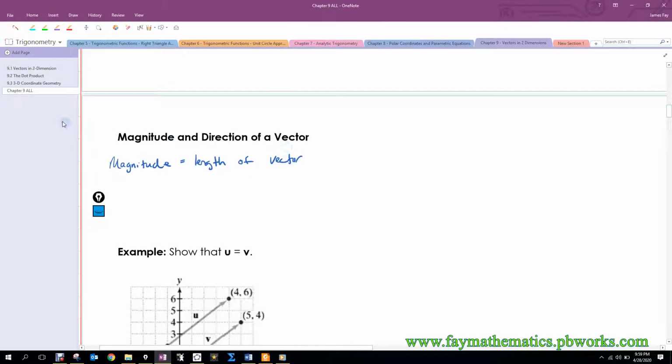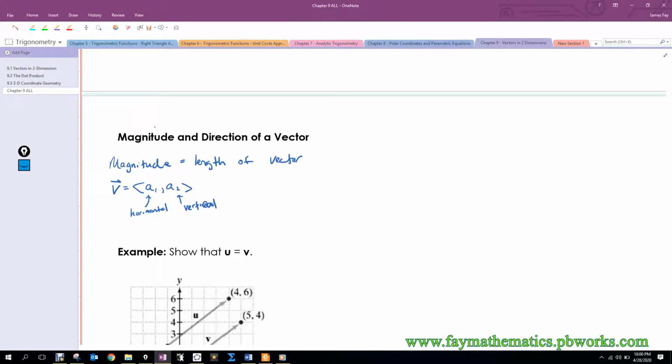So if a vector, and I'll just call it vector v for now, is represented by ⟨a1, a2⟩, remember that a1 is the horizontal distance and a2 is the vertical distance, that this vector orients itself in the coordinate plane.